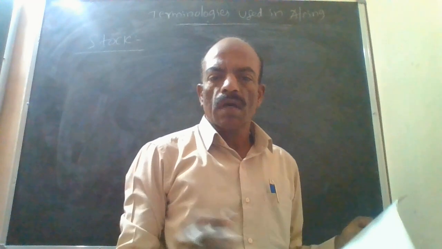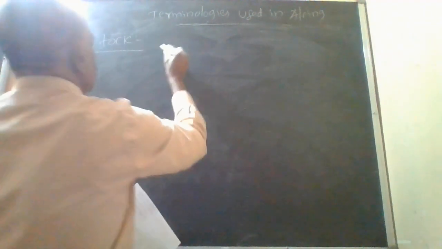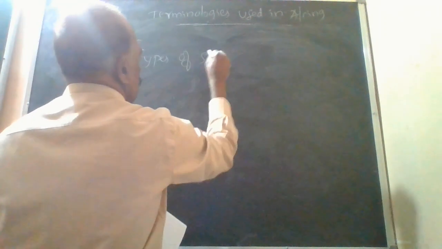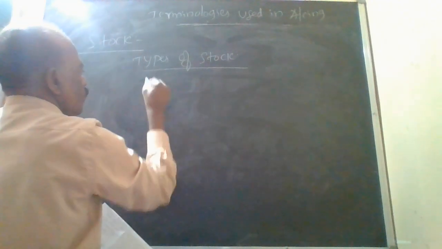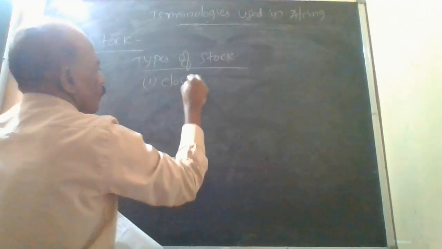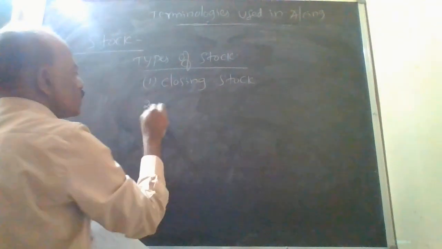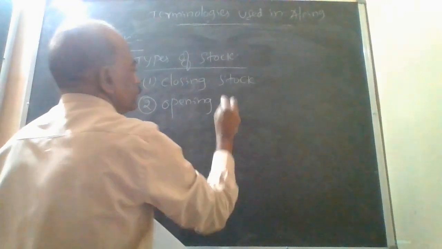First, stock is broadly classified into two categories. Types of stock: the first one is closing stock, and the second one is opening stock.